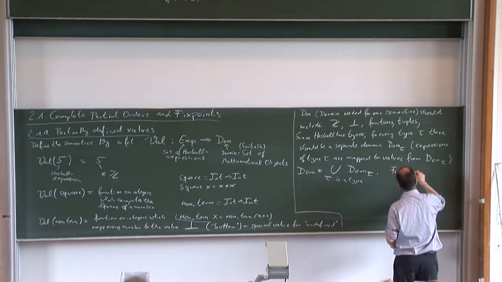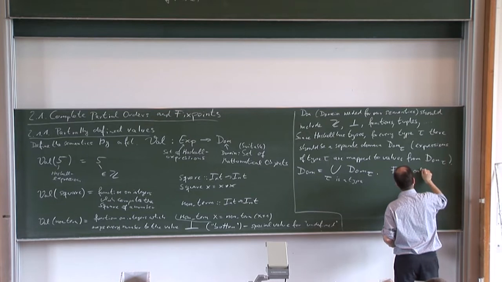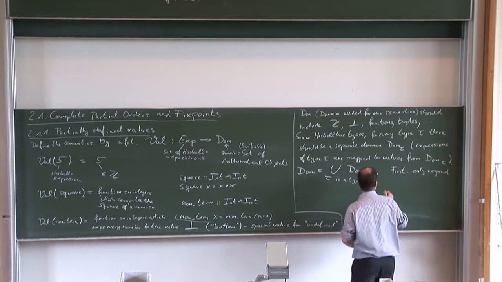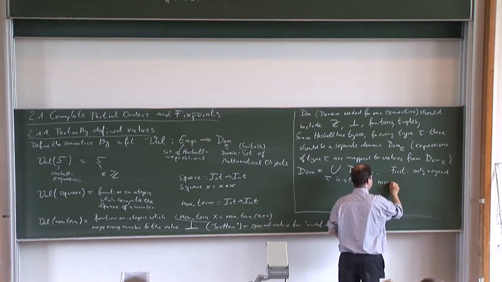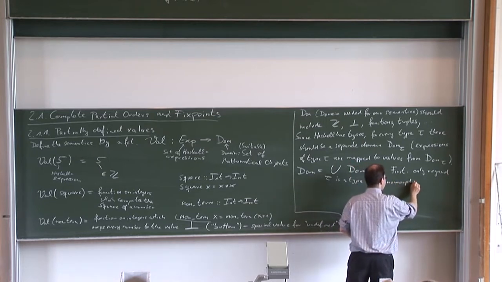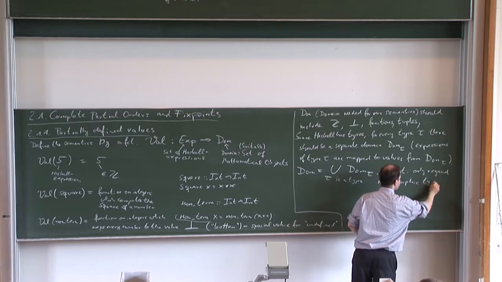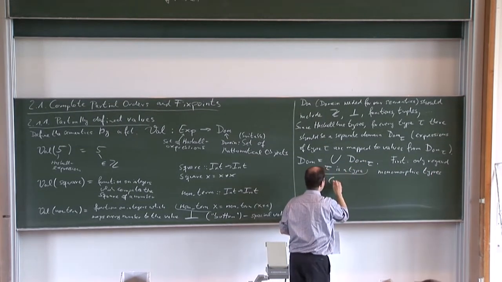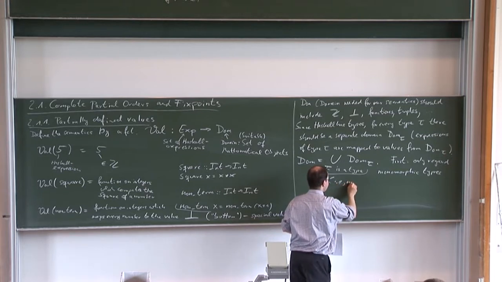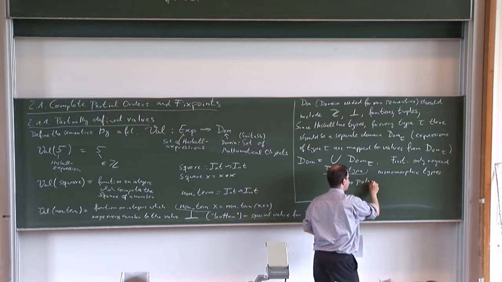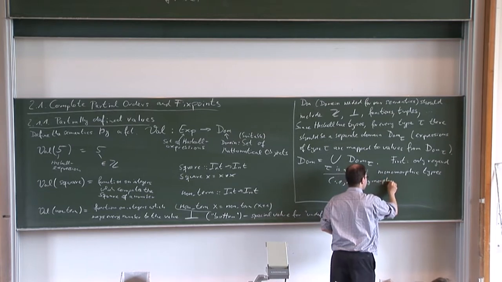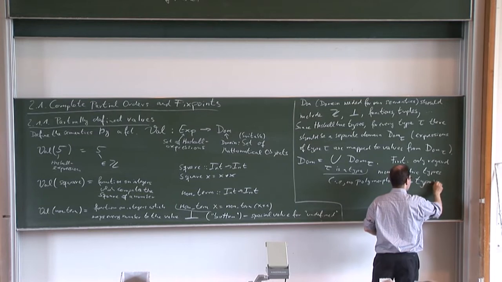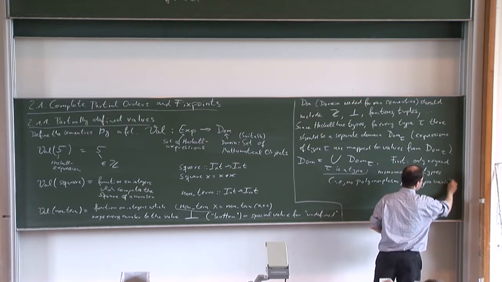so first only regard so-called monomorphic types. Monomorphic is the converse of polymorphic, so this means no polymorphism, no type variables.